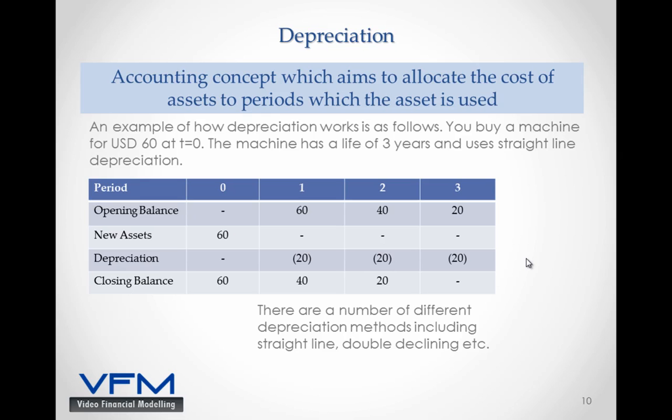Okay, so what does depreciation mean first of all? It's the accounting concept which aims to allocate the cost of assets to the periods in which the asset is used. So we're trying to match our revenues from our assets with our expenses from the assets. Sometimes people say that straight line depreciation is not the best depreciation method because it's not matching your revenues for that asset with your expenses.